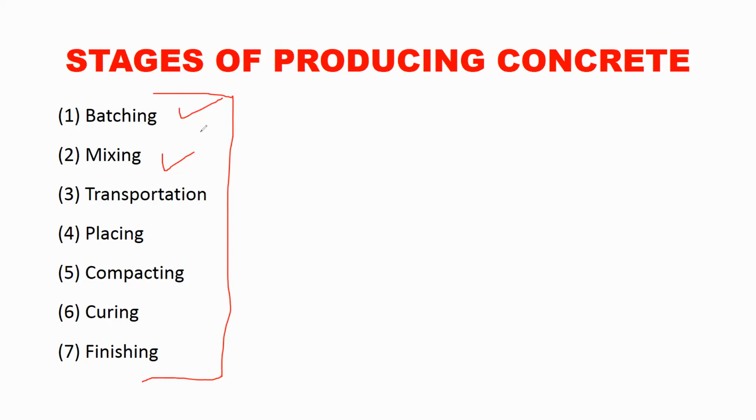When you compact it, the concrete will settle down properly. So this is the fifth step. After compacting, you have to leave it for one day. Then next day you will come and remove the formwork.